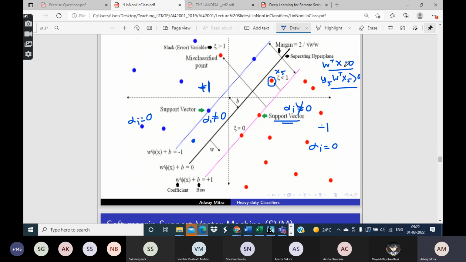Correct? But this is not, if you consider this classifier, the marginal classifier, which is W transpose X plus 1 equal to 0. Right?